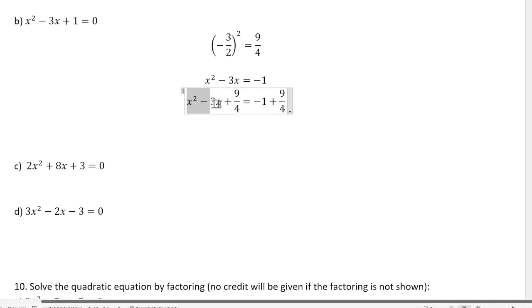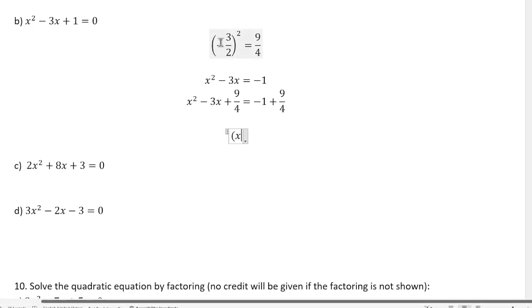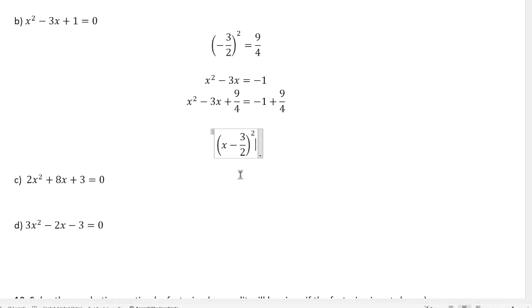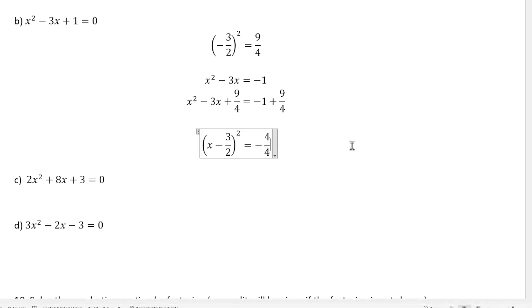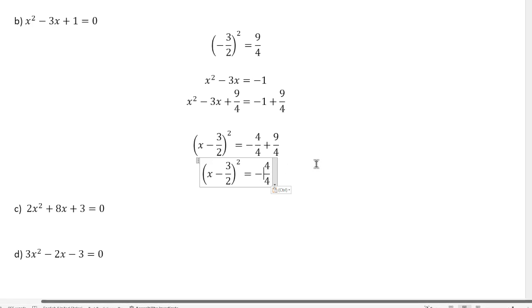Okay, the left side is now going to be x, and then this number right here, minus 3 over 2, squared, equals 1 is 4 over 4. And because 9 minus 4 is 5, you end up with positive 5 over 4.